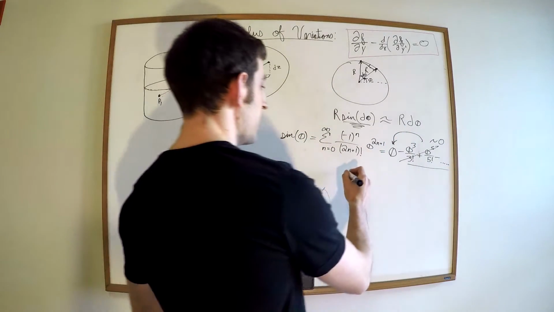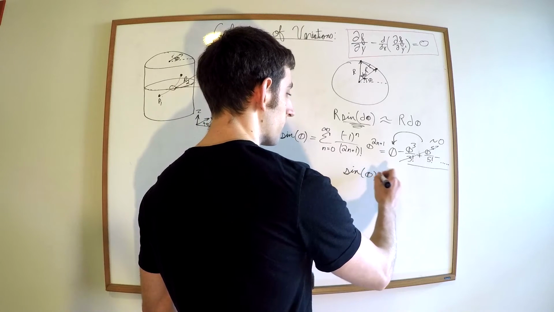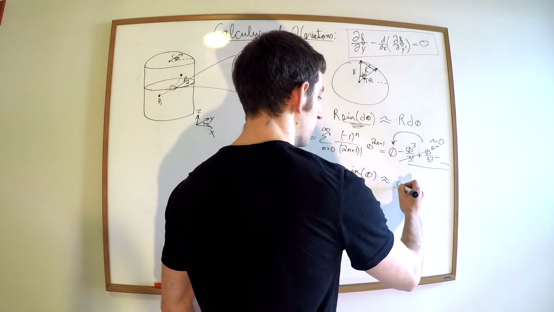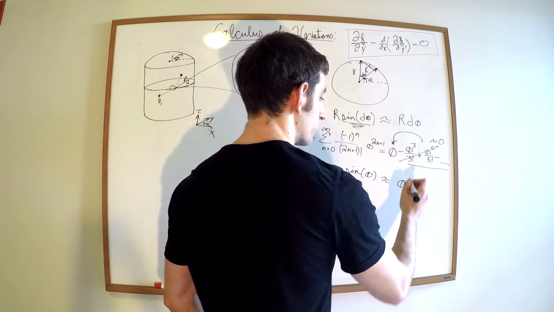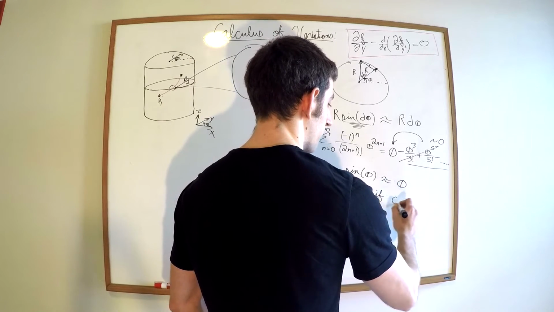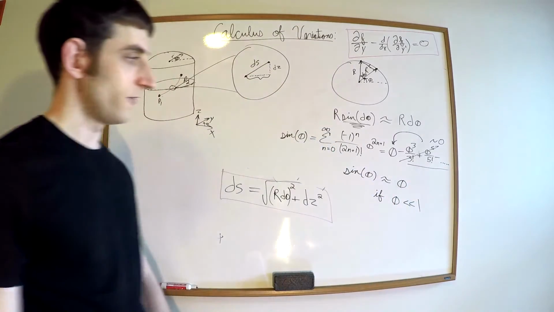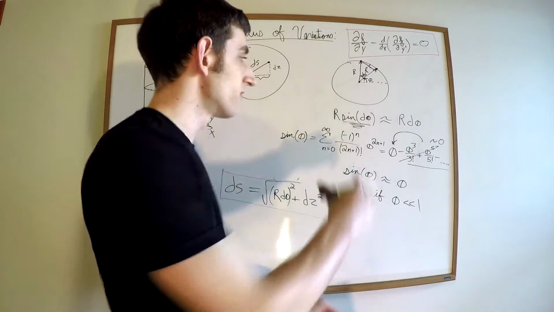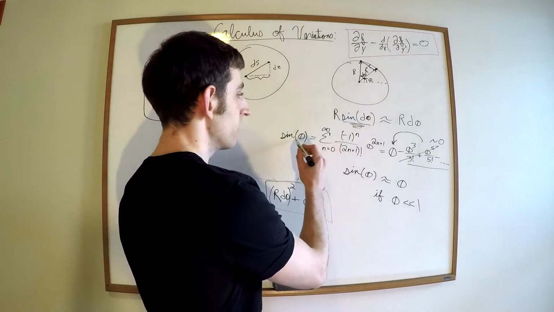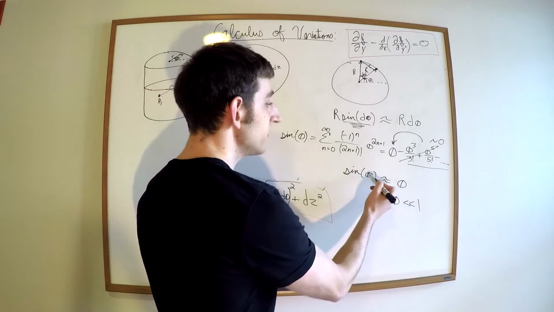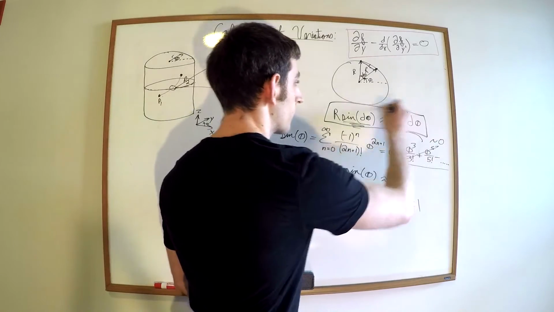So what we can say is sine theta is approximately equal to theta if theta is much less than 1, okay? We have this case because d theta is infinitesimally small, so sine d theta becomes d theta, and this guy holds true.